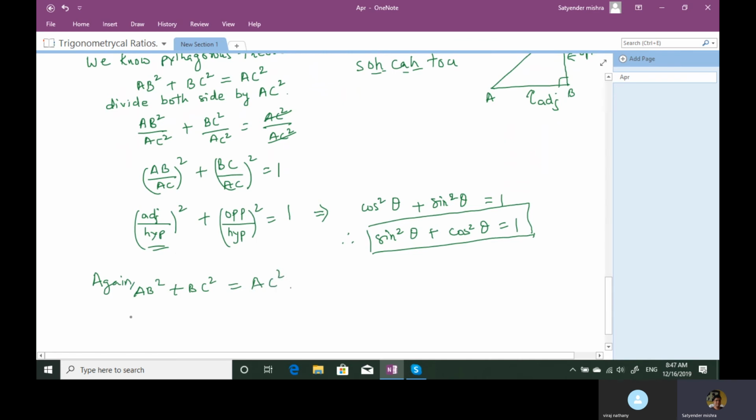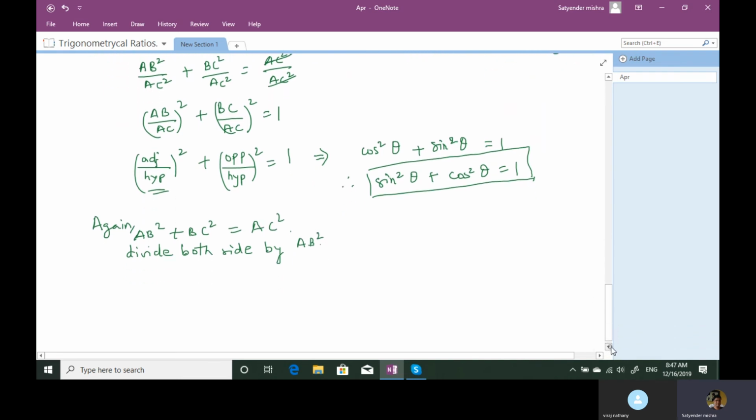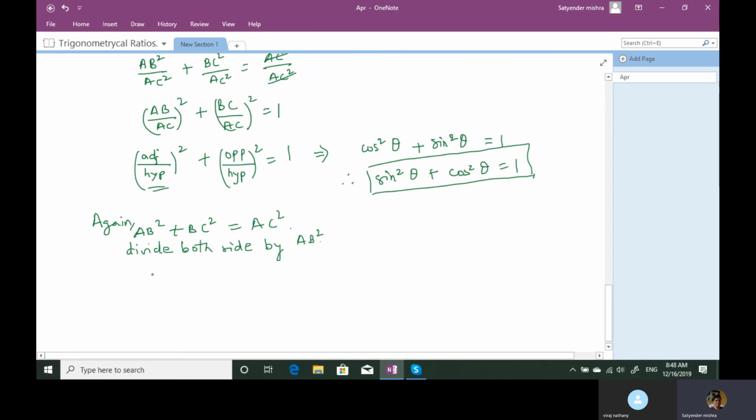Right? Now divide both sides by AB square. Okay. So now let's see what is going to happen.